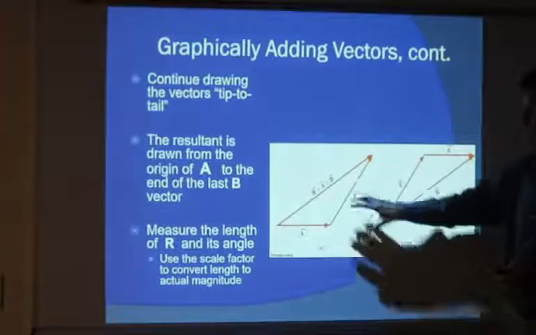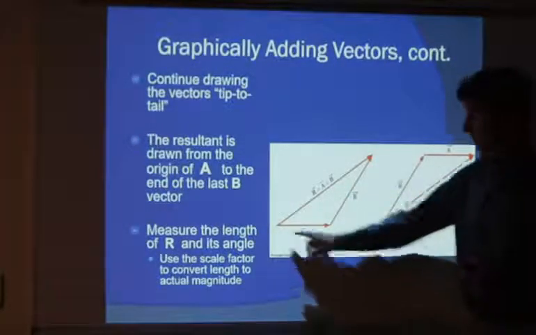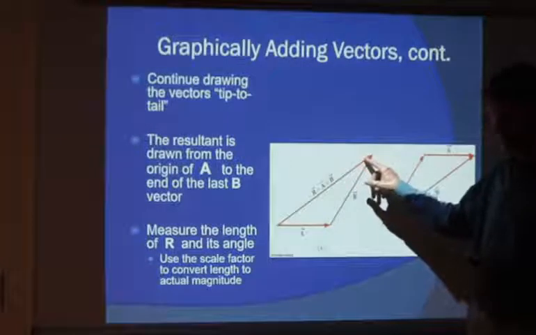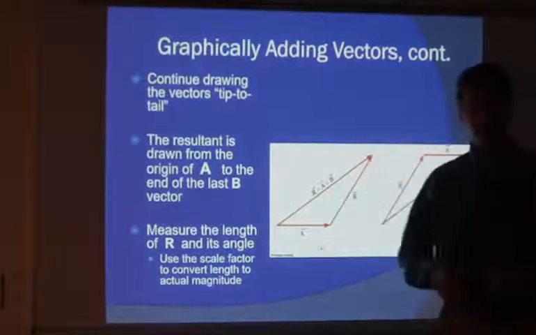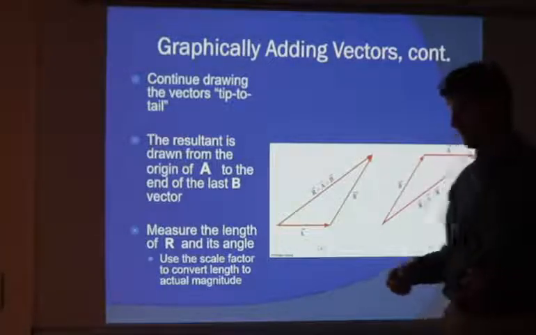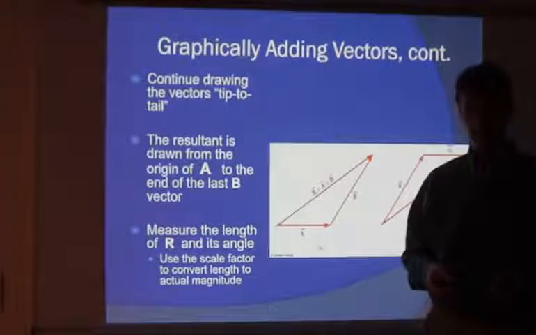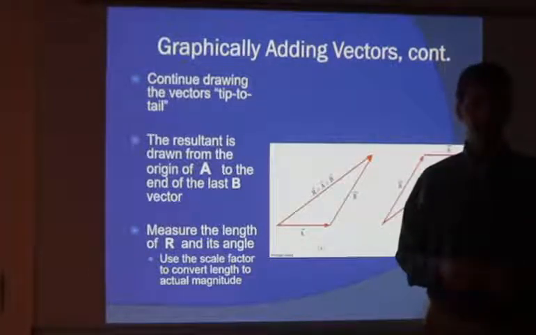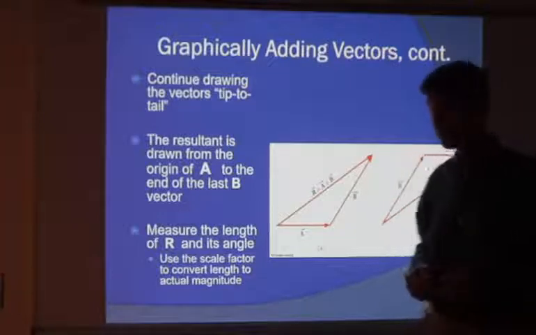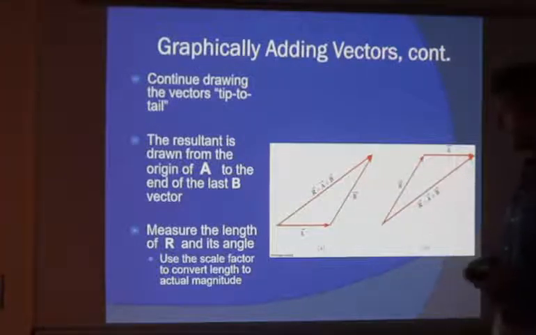I need to either do a graphical addition of the two. Okay, this vector plus this vector, if I put them head to tail, I can get the R, and then I can measure that out and find the angle. Or I need to do an analytical addition of the two, where I break each vector down into a perpendicular component. Okay? Now, graphically adding vectors, really not all that difficult.